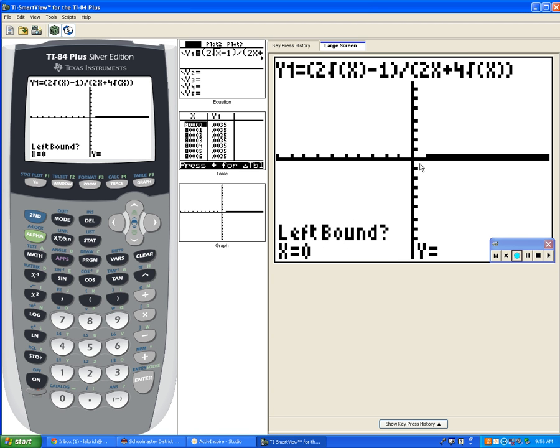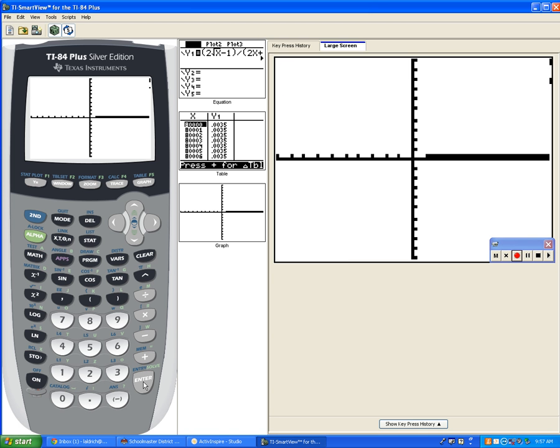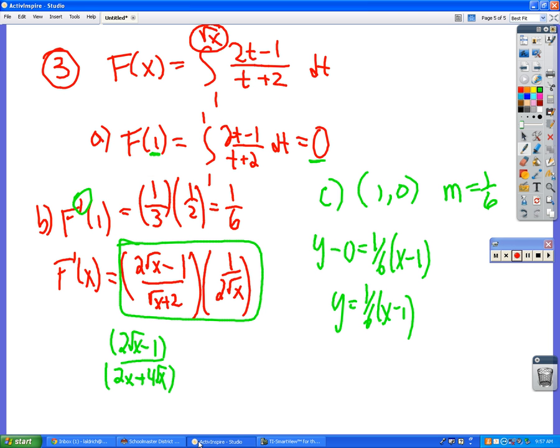So left bound, I need to name a number to the left of where that crosses, so I'm going to go -1, and I need to be to the right of it, so I'm going to go 5. And then my guess is 1, so 0.25. So it's increasing from 0.25 and above.